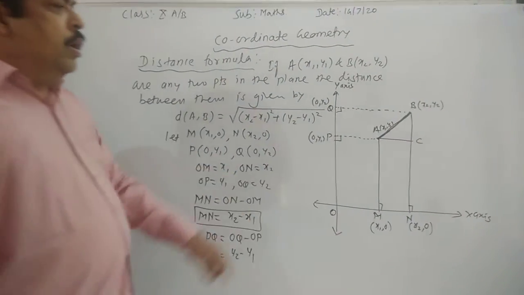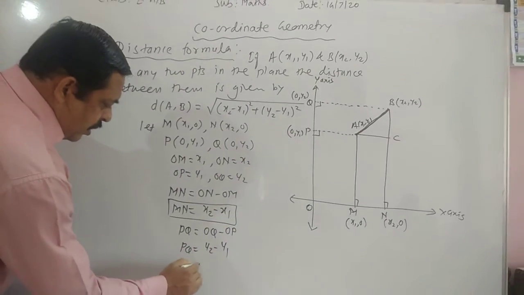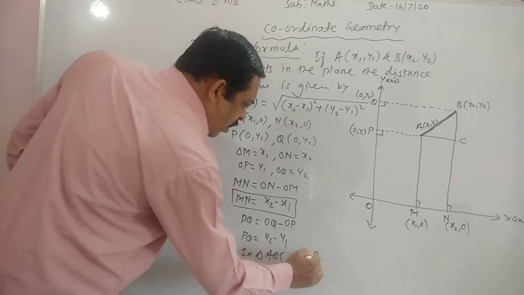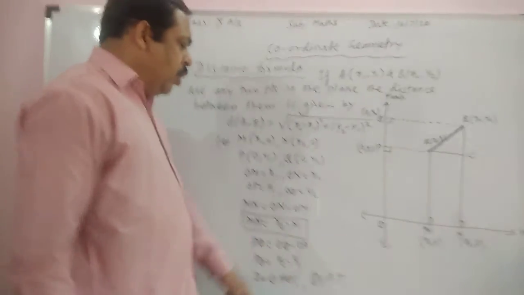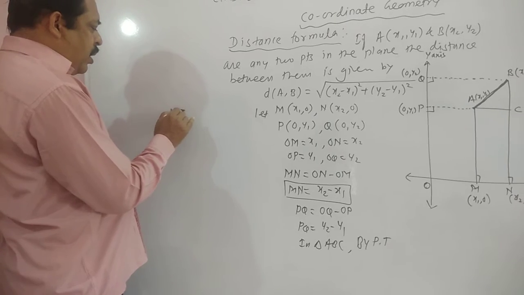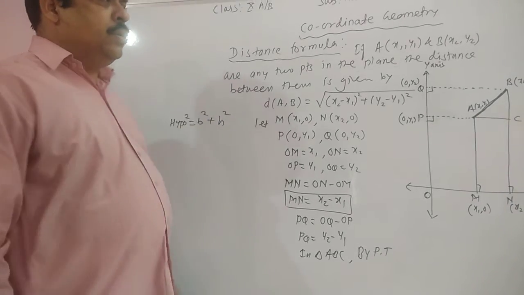Then in triangle ABC, I am applying the Pythagoras theorem. Hypotenuse square is equal to base square plus height square.